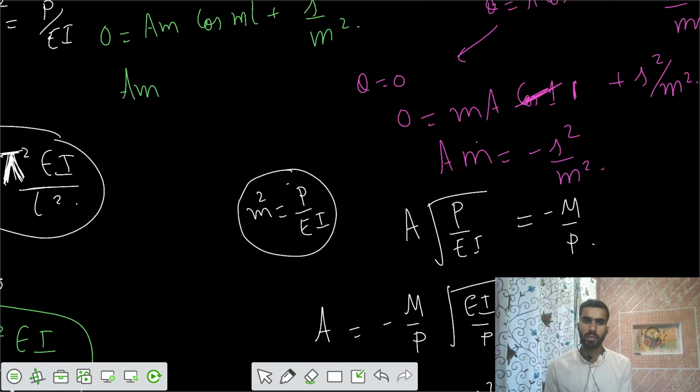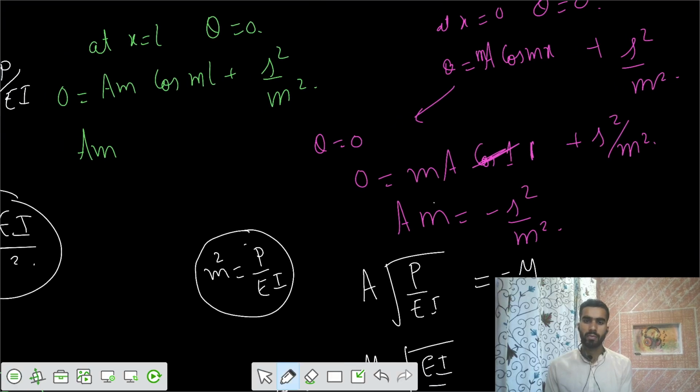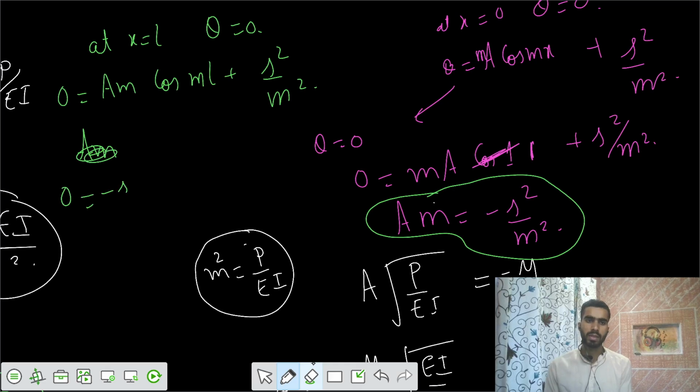Do I know the value of am from this equation? I know the value of am from this equation, that is minus times s square by m square. So I can write 0 equals minus times s square by m square cos ml plus 1 times s square by m square.